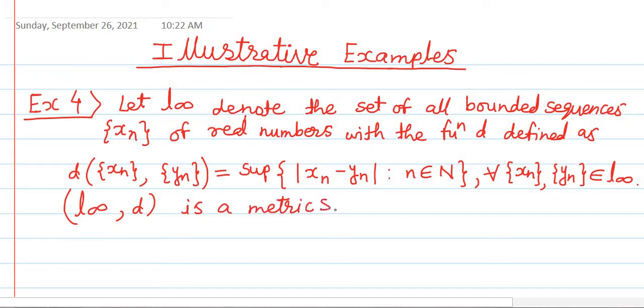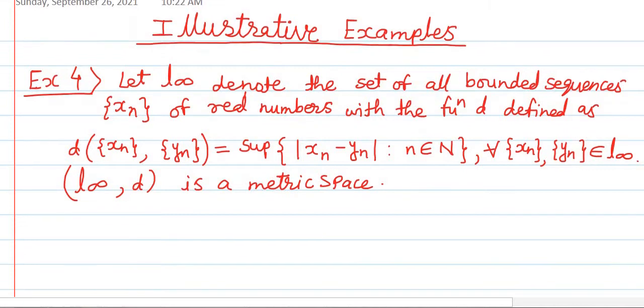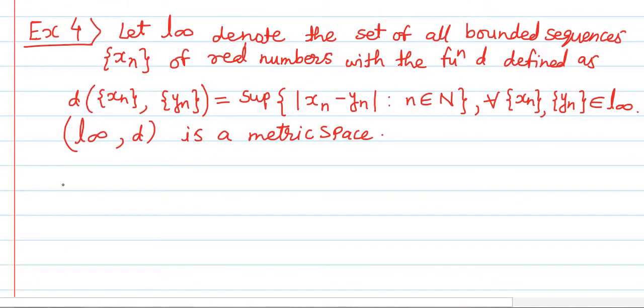As told earlier, the first three conditions can be verified orally also, so here we will prove only the fourth condition. We will check only the triangle inequality, which is the most important condition, condition number 4, because the first three can be verified very easily.